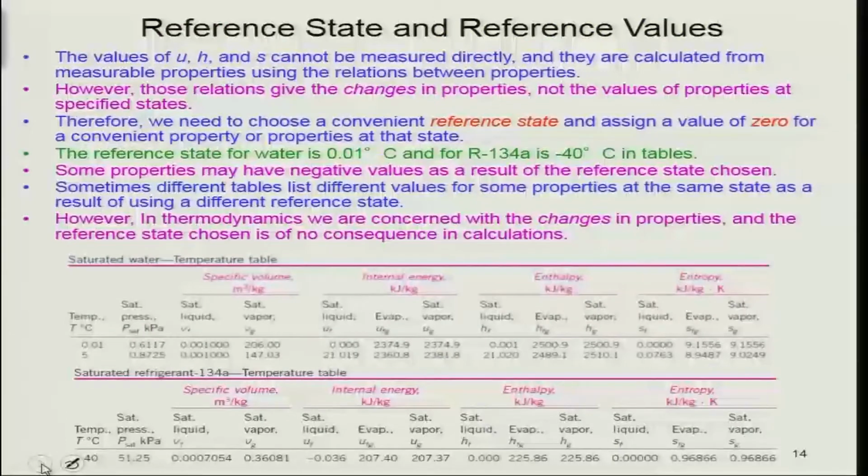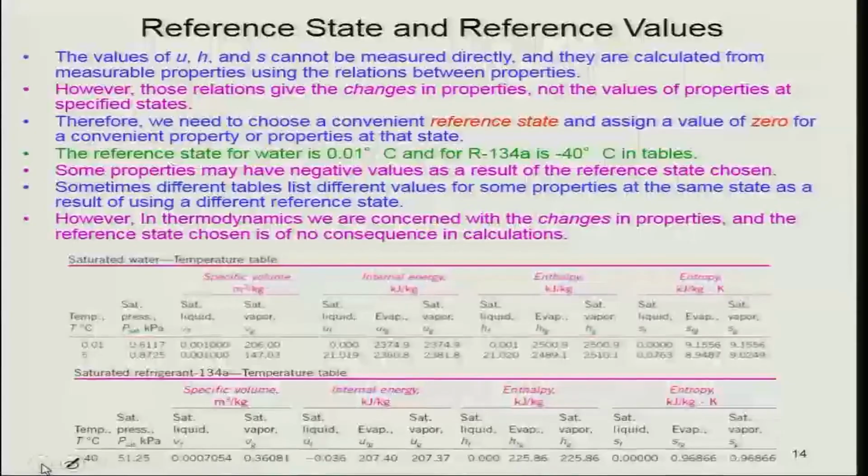So let's end this specific lecture by looking at the reference state and reference values. Typically, among the properties listed in the tables, specific volume, pressure and temperature are very well measurable properties in the experiment. But internal energy, enthalpy and entropy are not.